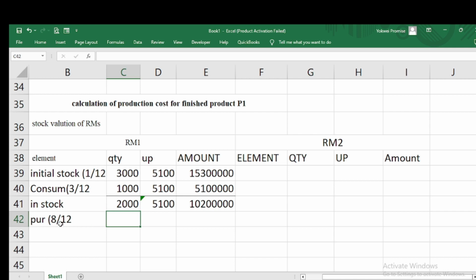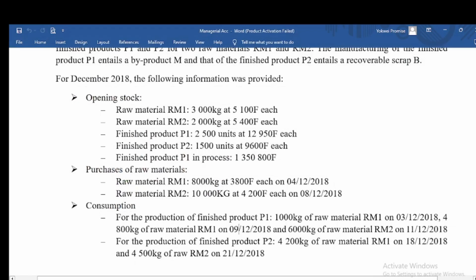Is it the 8th, please? On the 4th, insert. On the 4th, they make purchases of 8,000. Now, what would be the unit price of these purchases? The unit price of these purchases is not going to be this 3,800 because we have already determined our purchase cost. So we are going to use the unit purchase price that we have in our absorption table.